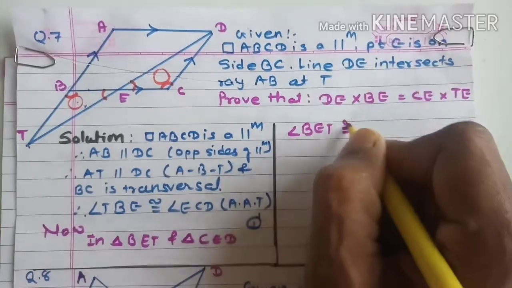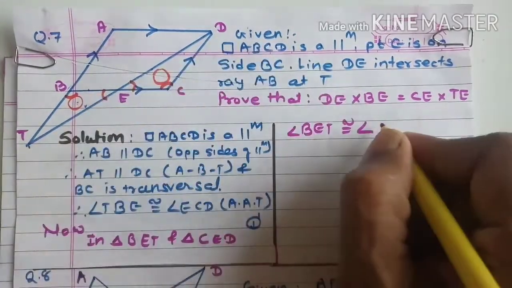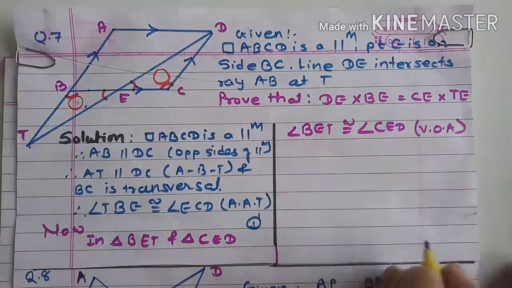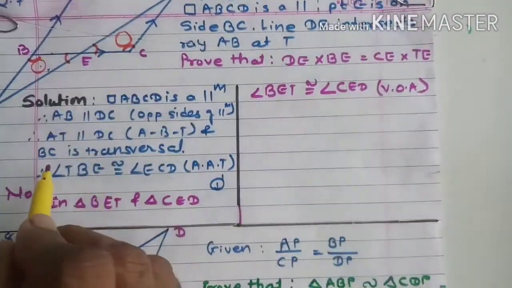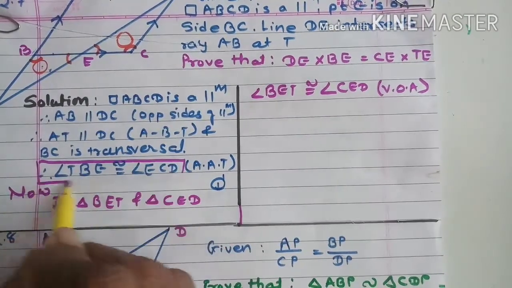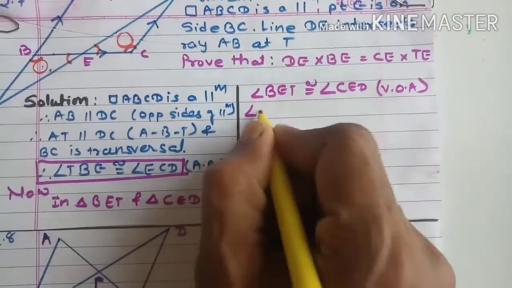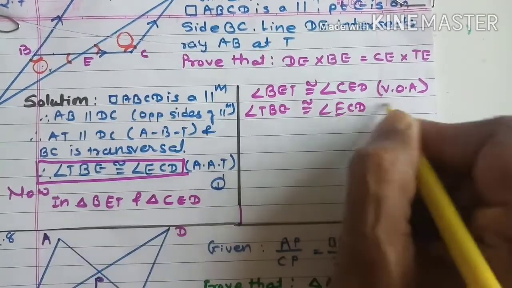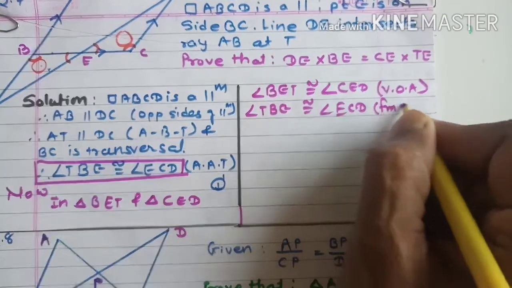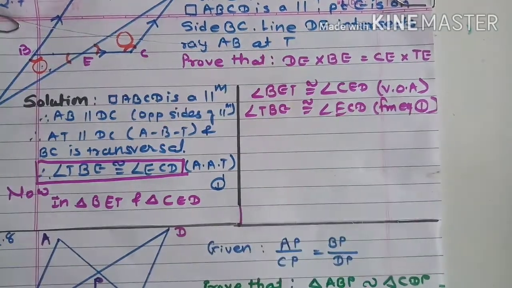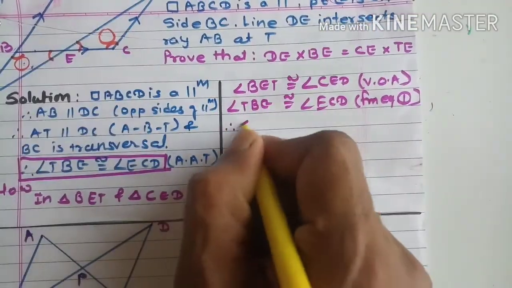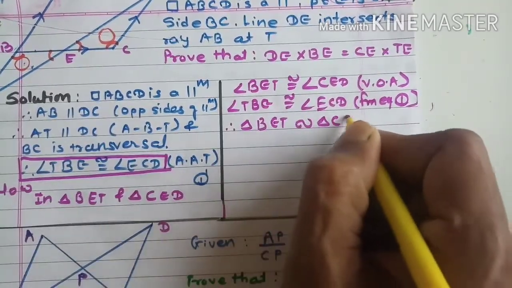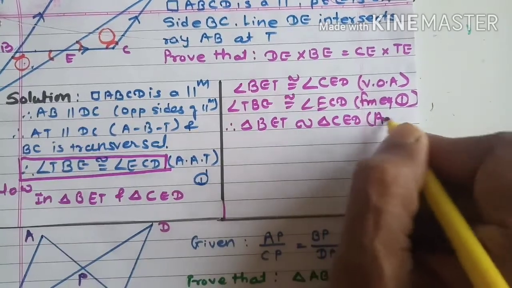Angle BET is congruent to angle CED, vertically opposite angles. And already we have statement number 1, angle TBE is congruent to angle ECD from equation 1. Therefore triangle BET is similar to triangle CED by the AA test.